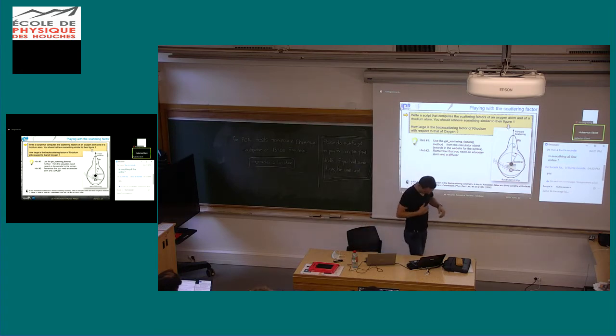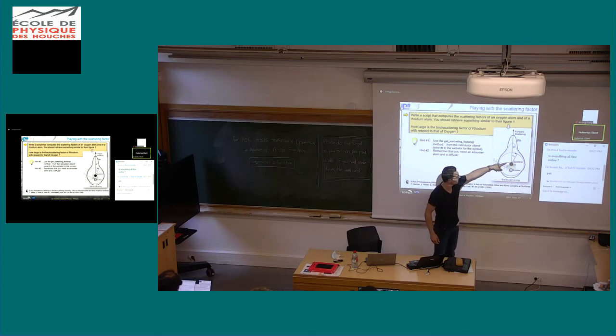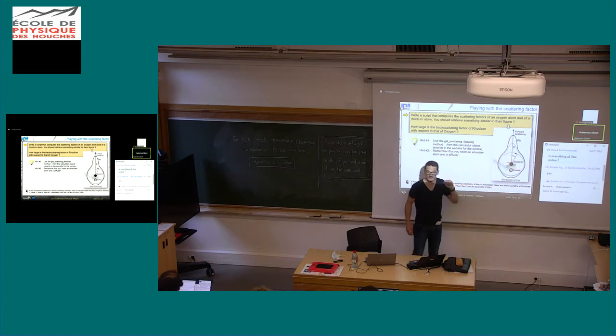They sketched the emitter and the scatterer here. This is the radius of the atom. Here is the computed scattering factor for oxygen, and this is the computed scattering factor for rhodium, at the same kinetic energy.